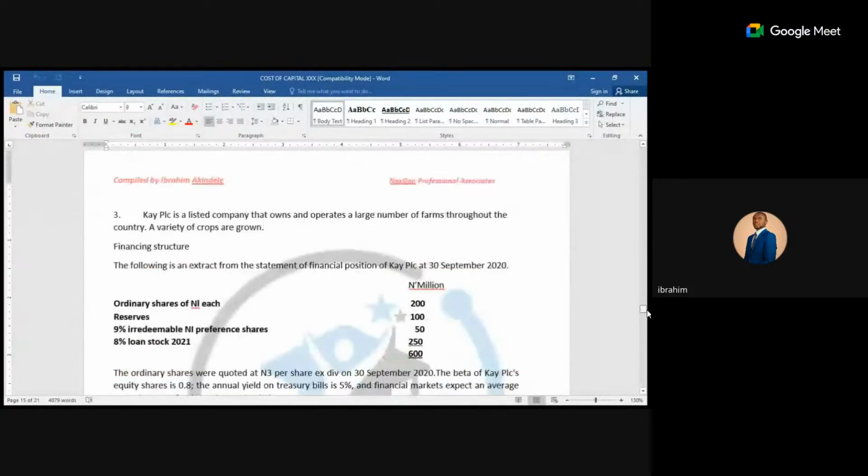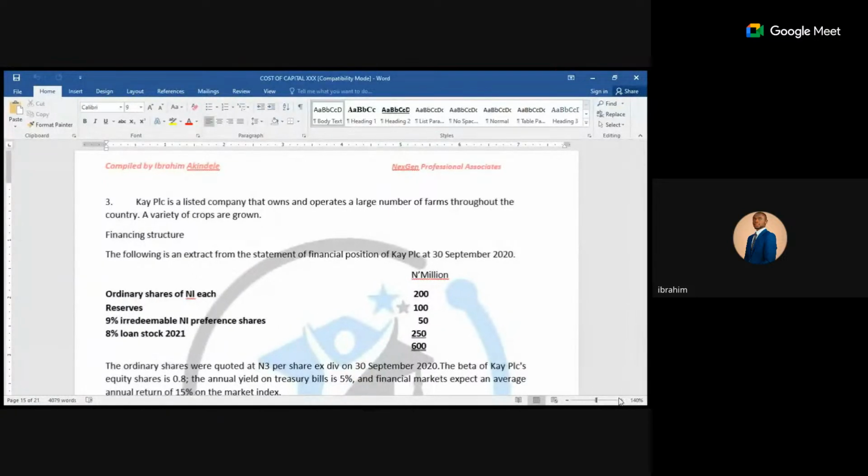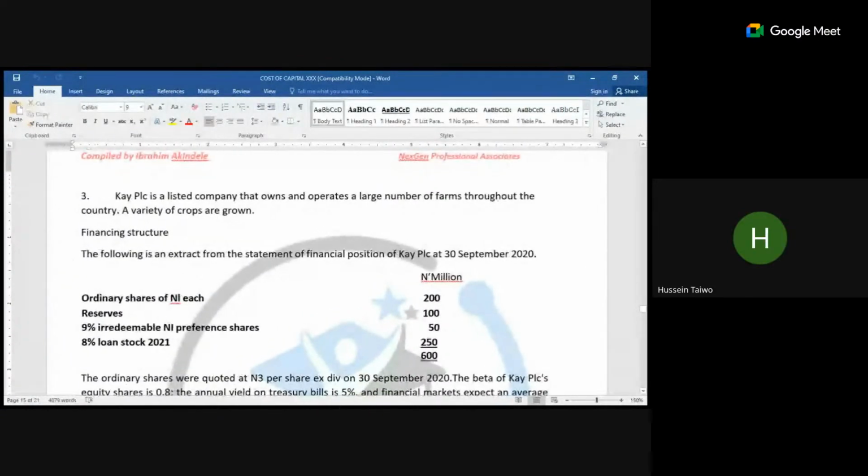Question 2, KPLC. So who will read? I will read. Okay, go ahead, please. KPLC is a listed company that owns and operates a large number of... Sorry.